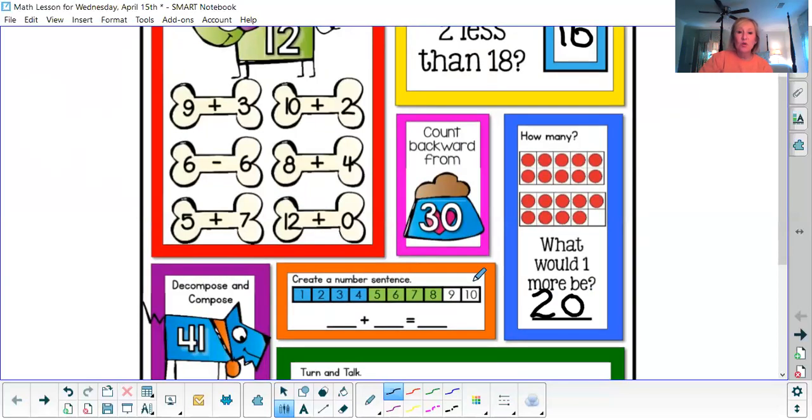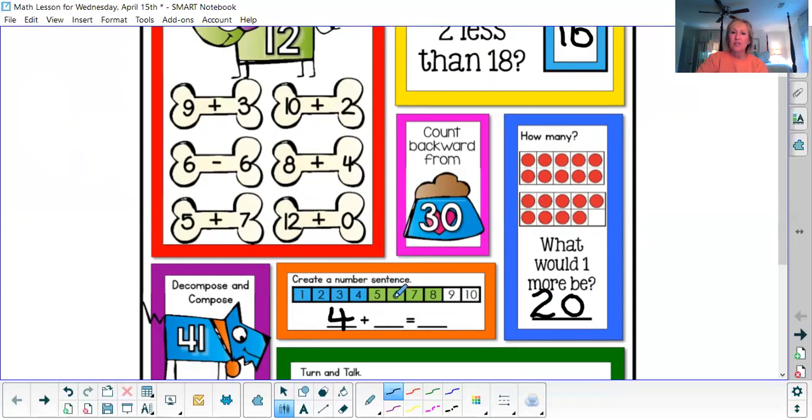Okay, this says create a number sentence. The two parts, it's hard to see on your paper, I know. So you have to look at mine. There's a blue part and there is a green part. The blue part has 4. So the first part in my equation or my number sentence is 4. 4 blue plus I'm adding on how many greens?